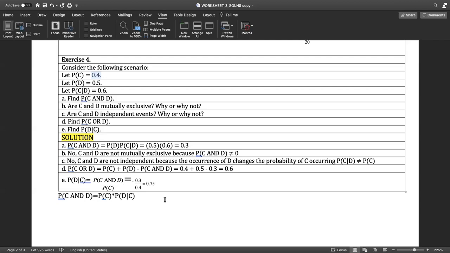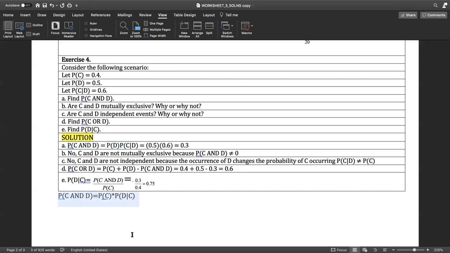The two key tools for number 4 were the multiplication rule. You can write it this way, or you can write it this way, right? You can either condition on C, or you condition on D. Either way, you can invoke the multiplication rule and obtain either this one, or this one.